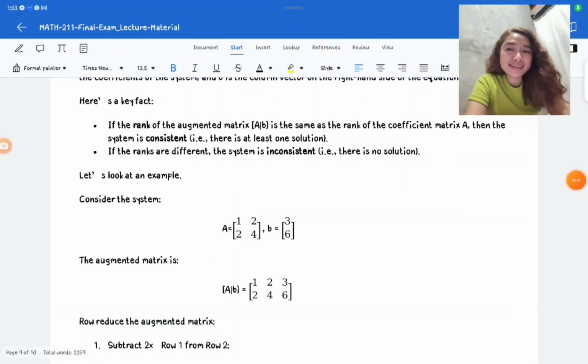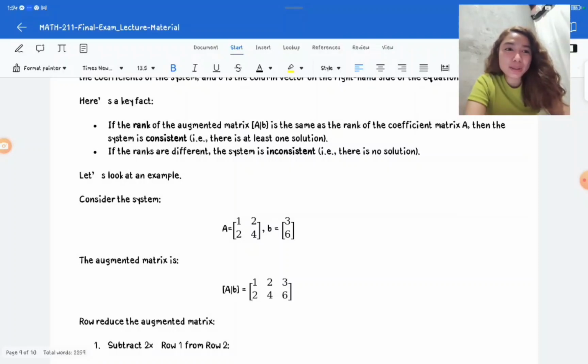Here are the key facts. If the rank of the augmented matrix is the same as the rank of the coefficient matrix A, then the system is consistent, meaning there is at least one solution. And if the ranks are different, the system is inconsistent, meaning there is no solution.